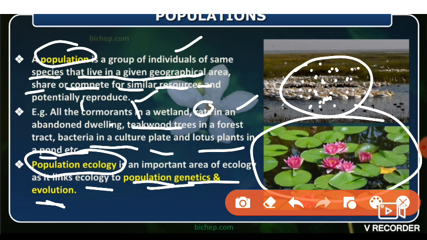What the population is giving to the ecology and what the environment is giving to the population, that we are studying in population ecology. This is the definition of population ecology, please remember.